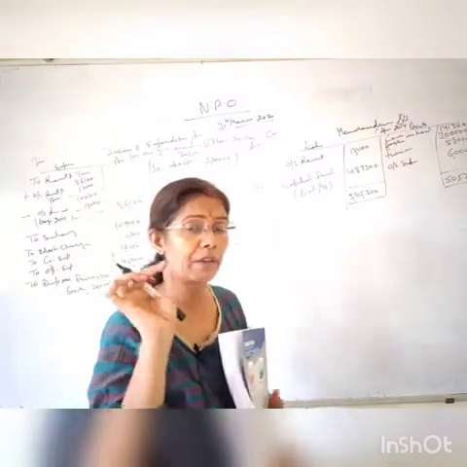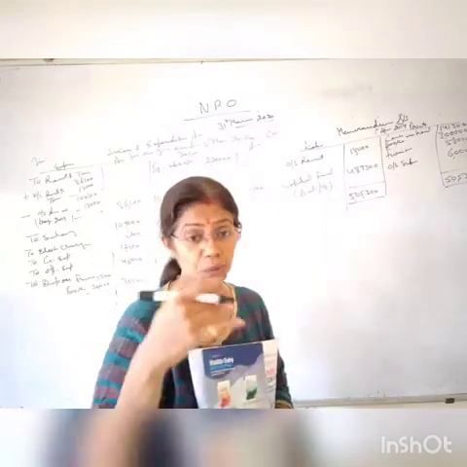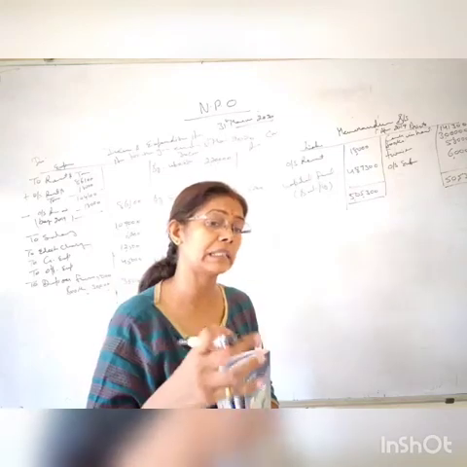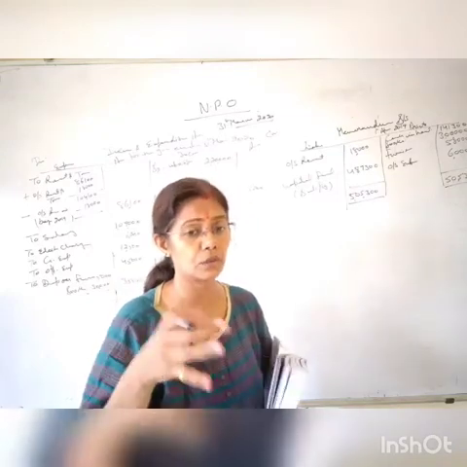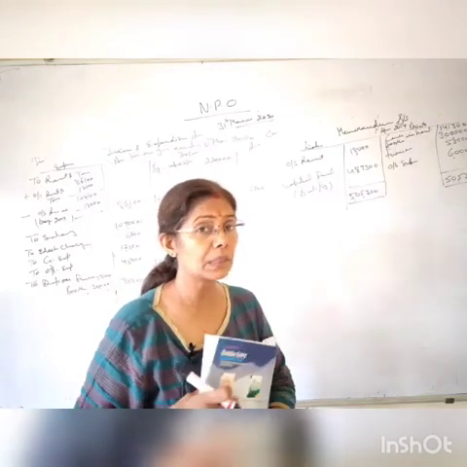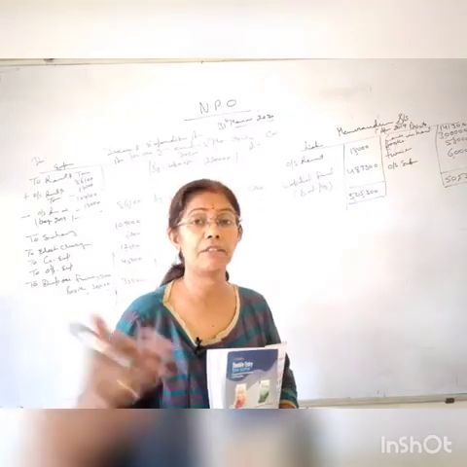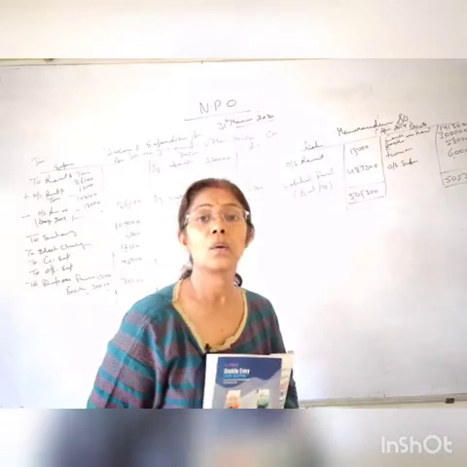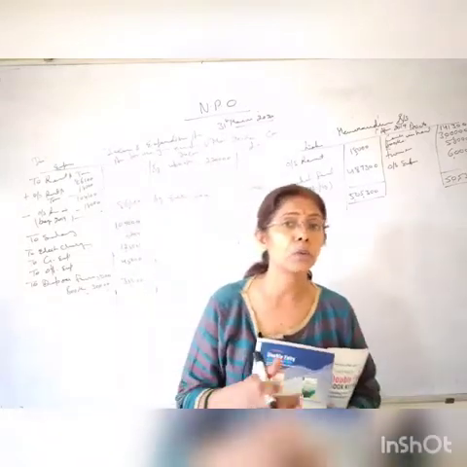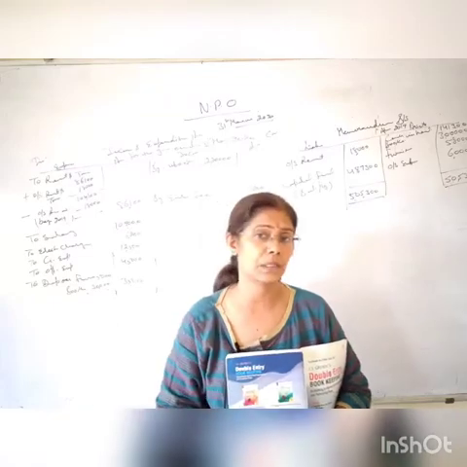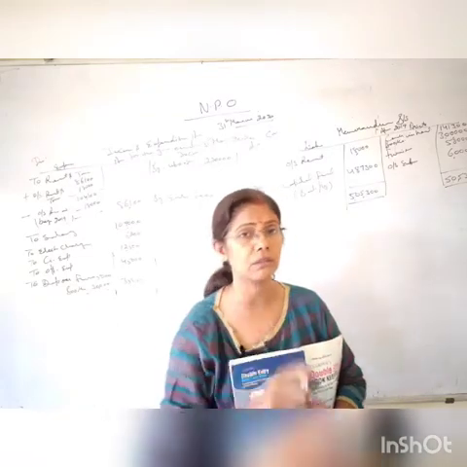It means I have received 2,20,000 during the current year, but it's quite possible that I have received a part of this for the current year, maybe something I have received of the previous year, and maybe something I have received of the next year. Quite possible that the people who were supposed to give the subscription of the current year, they did not give the subscription, that's your outstanding. So all these things we will be dealing.